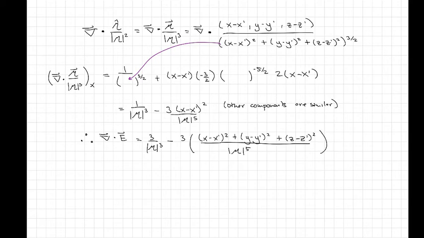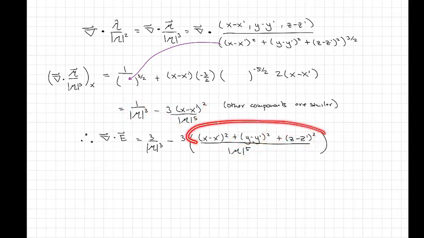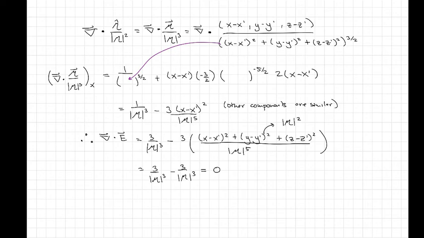Again, that's just because we're repeating this bit for all of the different directions, and we get 3 of these, 1 for each direction. If I look up top here, this is just the magnitude of my separation vector squared. So if I put that all together, I end up getting this kind of thing. And that equals 0.